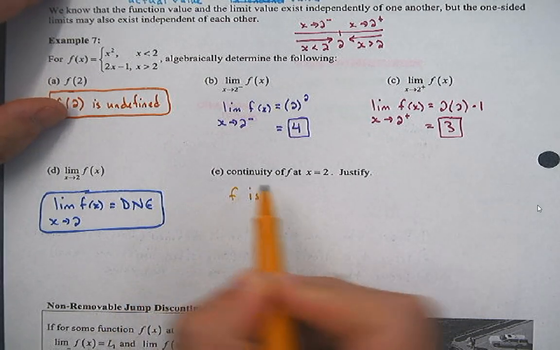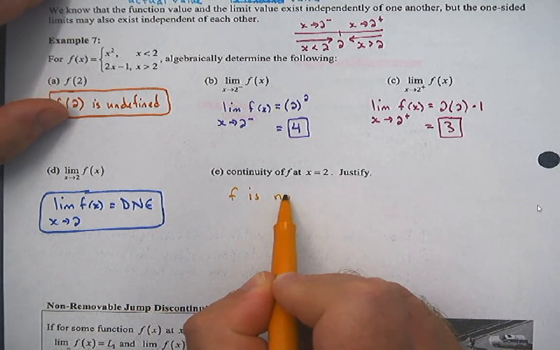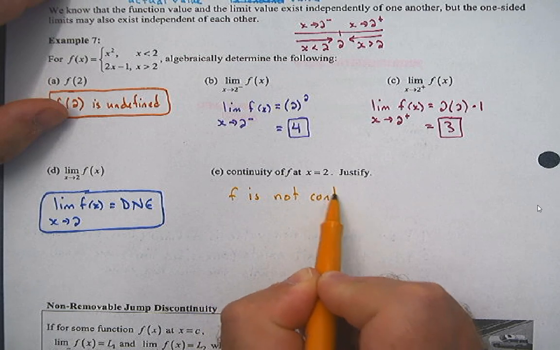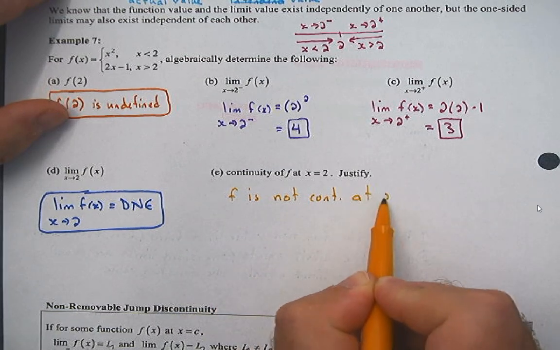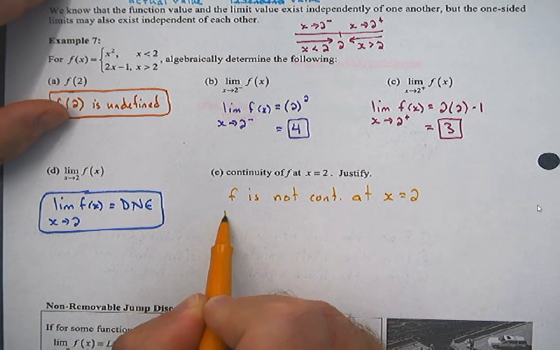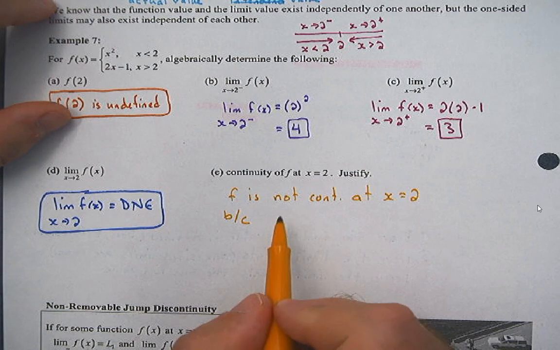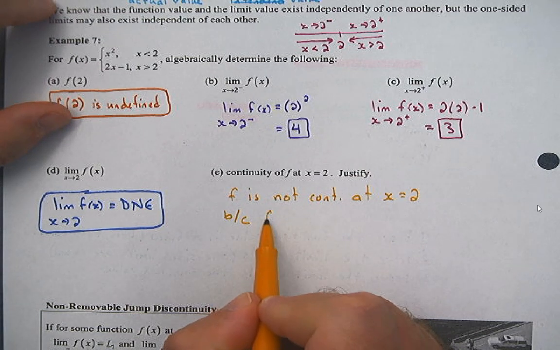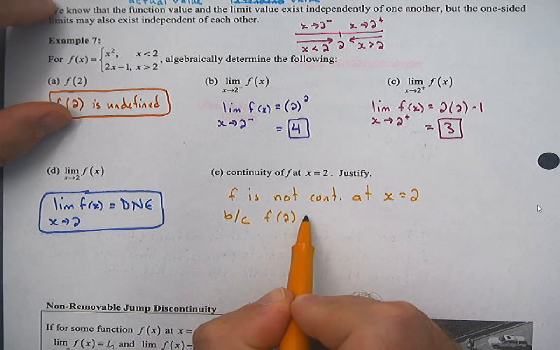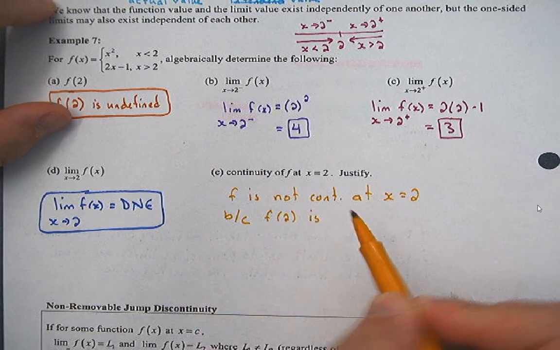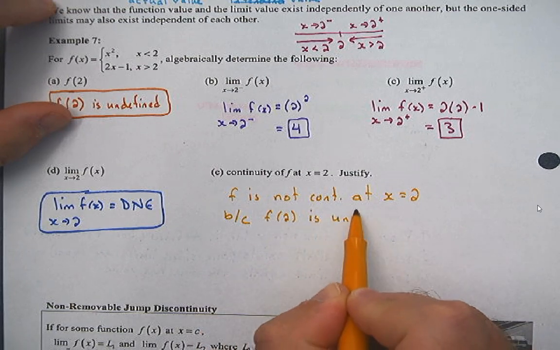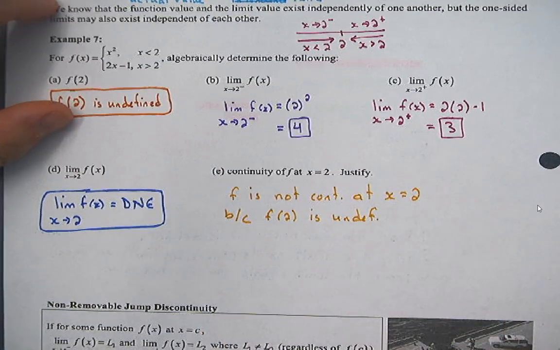F is not continuous at x equals 2 because, and then you could go 2 ways. Actually, you could go 3 different ways. There's lots of reasons. Because f of 2 is undefined. So we don't have a point.